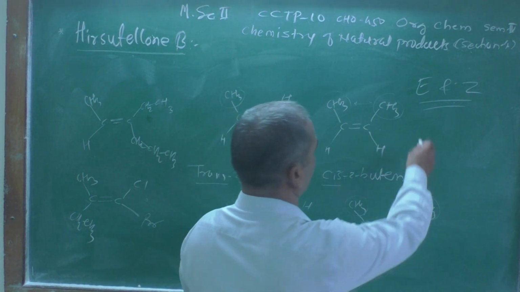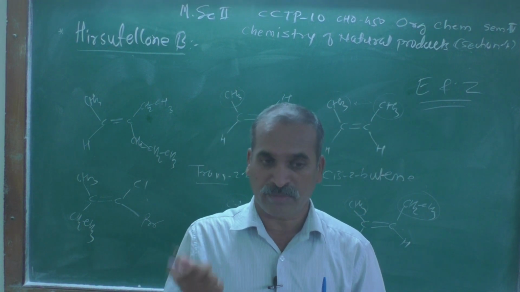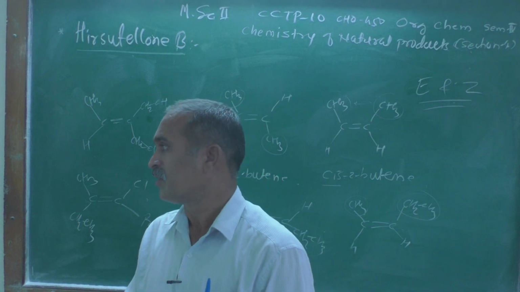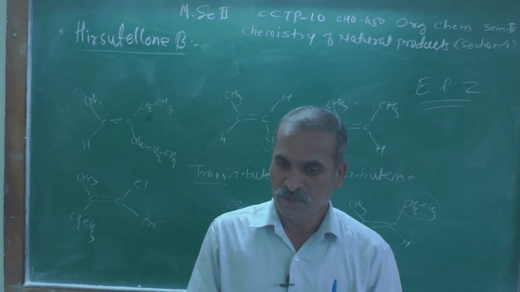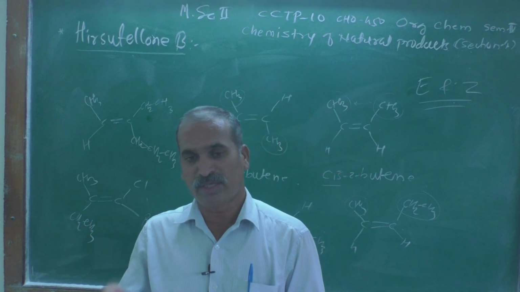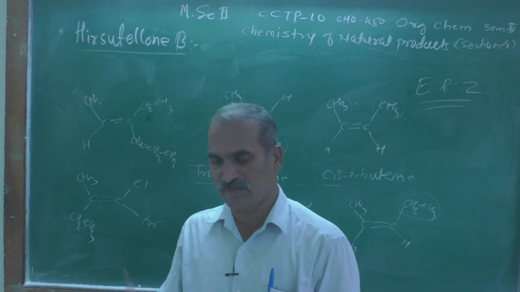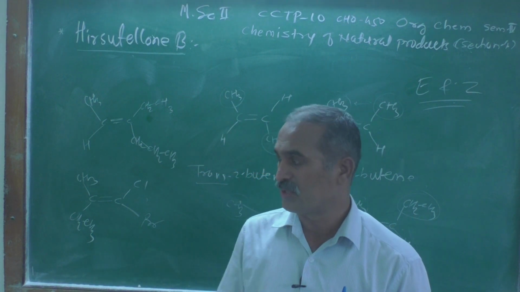According to that, for E and Z, for that purpose we must remember the sequence rule. What do you mean by the sequence rule? You already learned these types of terms in your lower classes, such as FYBSc, SYBSc, TYBSc, or even in MSc.